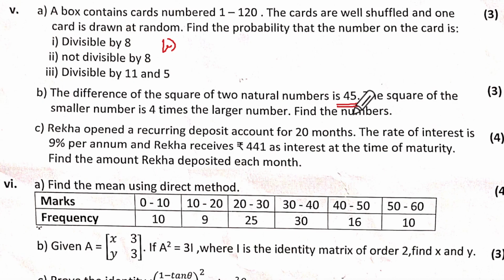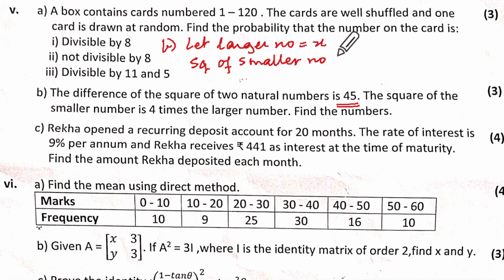The question says the difference of the squares of two natural numbers is 45, but the square of the smaller number is 4 times the larger number. So let the larger number be x, correct? And the square of the smaller number y squared is equal to 4 times the larger number.